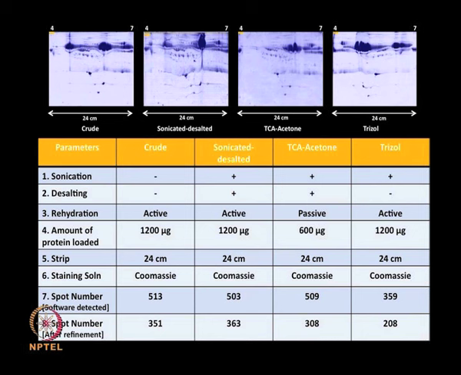I am trying to give you all the details of what one needs to perform before reaching the stage where you can compare the healthy control with the clinical samples. This lecture is trying to cover various concepts which we have talked about in the sample processing and in different lectures of two-dimensional electrophoresis.